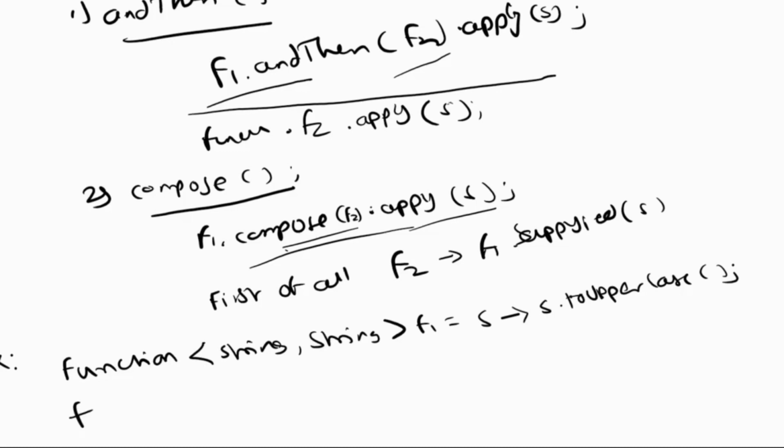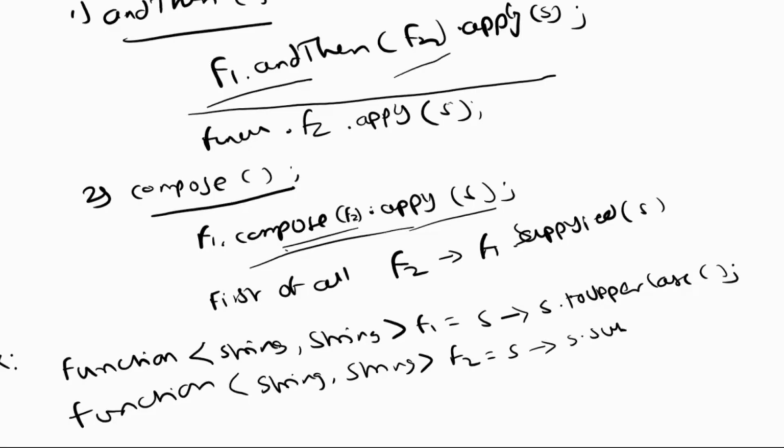Now let me write the second function. This will take a string as argument and return a string as output. Name of the function is F2. If we apply it on yes, it will give us yes.substring. I am using the substring method, which will just return the substring from 0 to 11 characters. It will return that and skip the others.